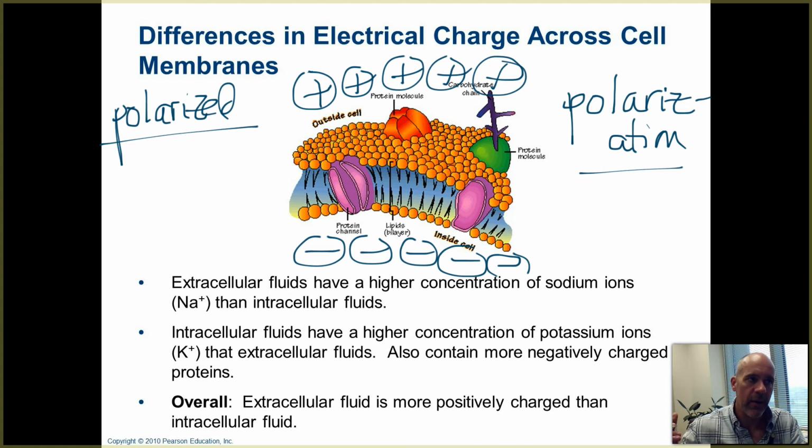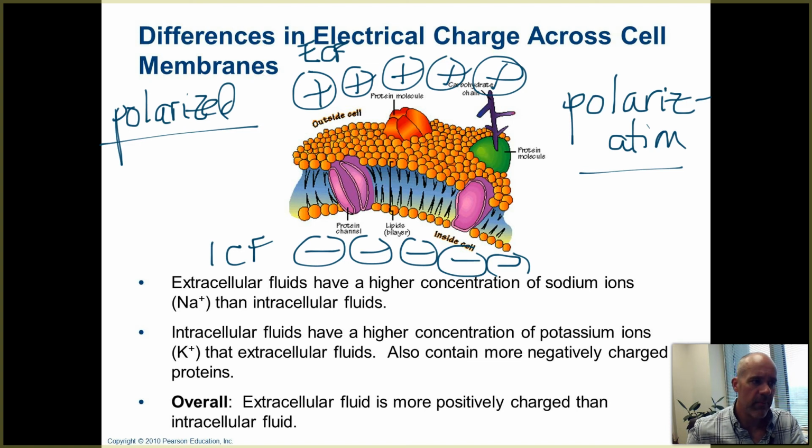So if you total up all the positively charged ions and the negatively charged ions in your ECF versus your ICF, you would find that overall you have more of a positive charge in your extracellular fluids versus the intracellular fluids, where you have a little bit more of a negative charge. It's not a huge difference, but it's enough that it leads to the ability to generate these electrical impulses within the nervous and muscular systems.